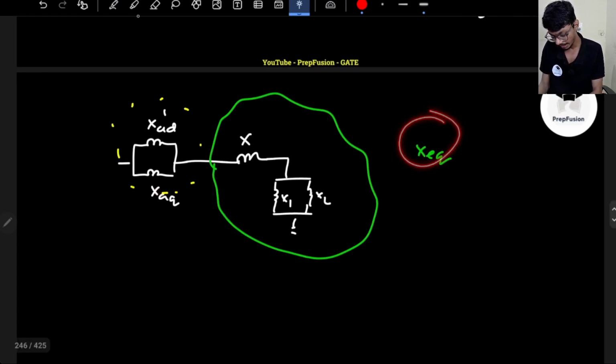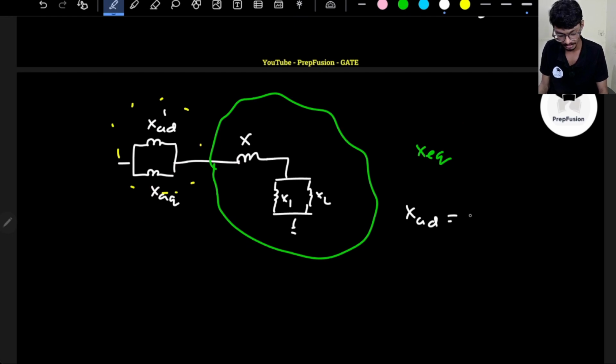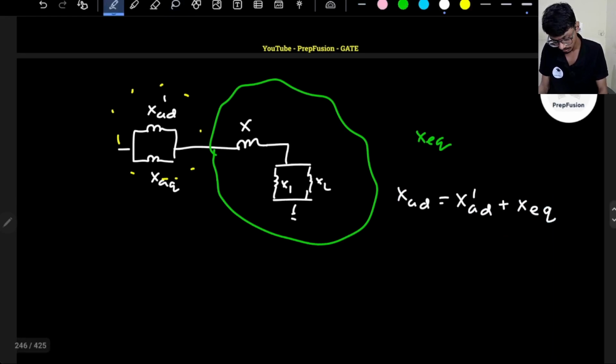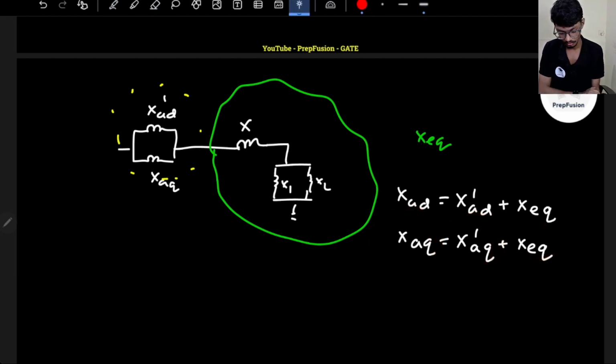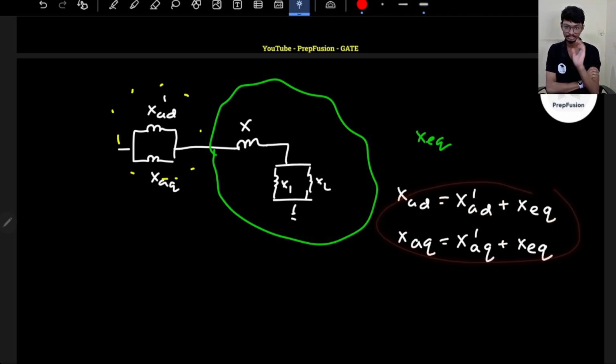That equivalent reactance will be Xeq, and your overall direct axis reactance will be XAD dash plus Xeq, and your quadrature axis reactance will be XAQ dash plus Xeq. Okay, so both of them will be added. This is a very important point for you to note.